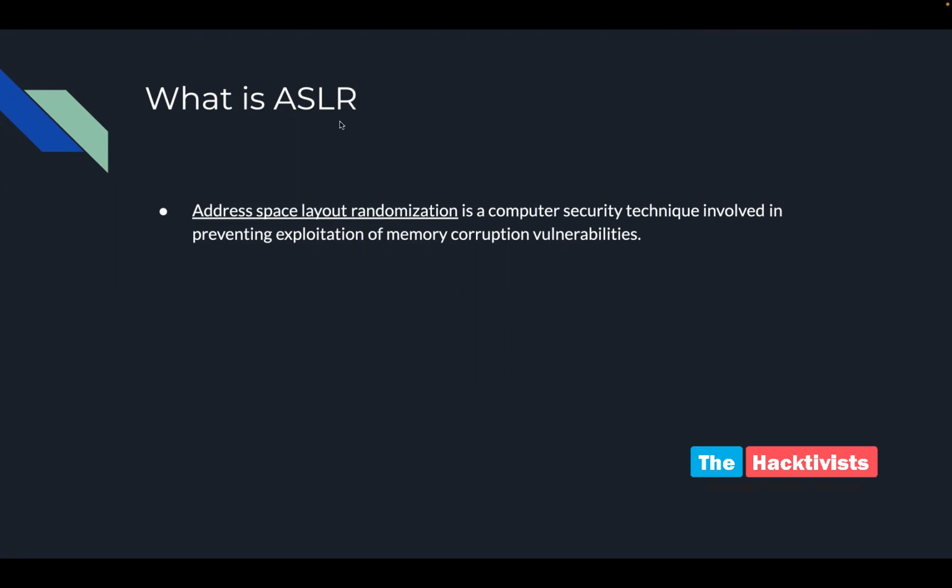Now, what is ASLR? ASLR is address space layout randomization. What will it be doing? Basically, it takes up memory corruption vulnerabilities and does not allow them to be exploited within the application itself.